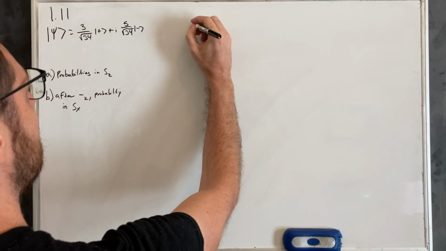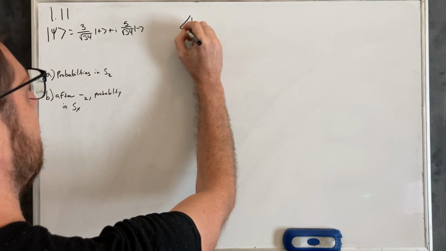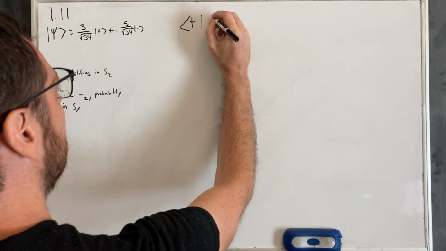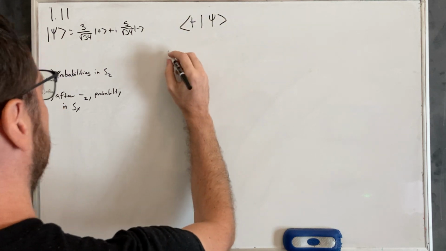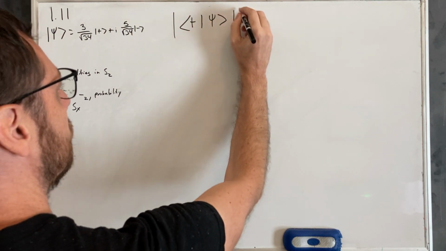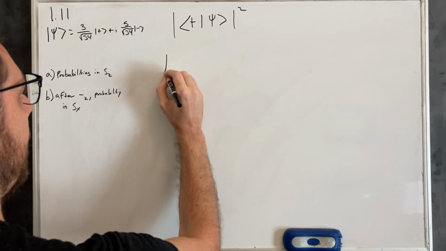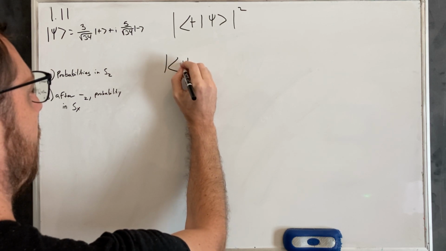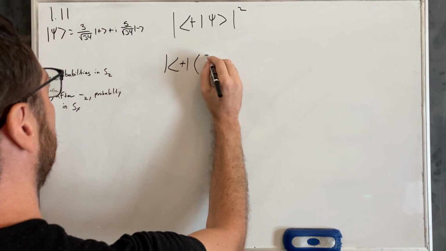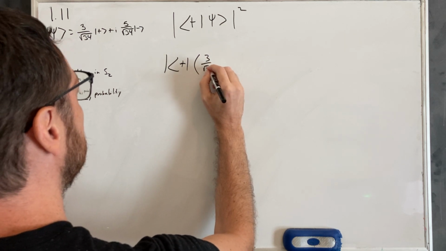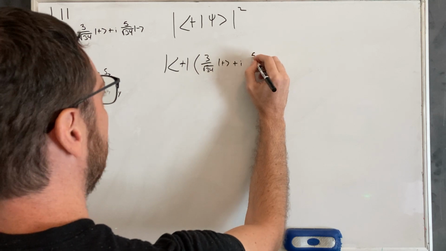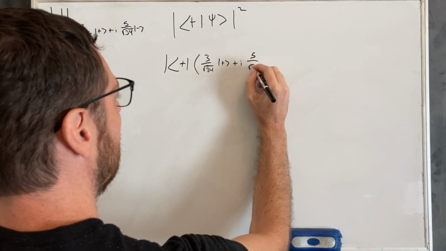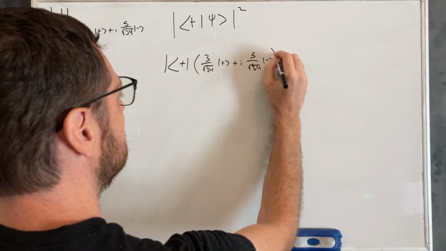So probability for up in z times our inner product with our state, that's going to be squared, and so we'll have the up bra times our state here, so 3 over root 34 up plus i 5 over root 34 down.